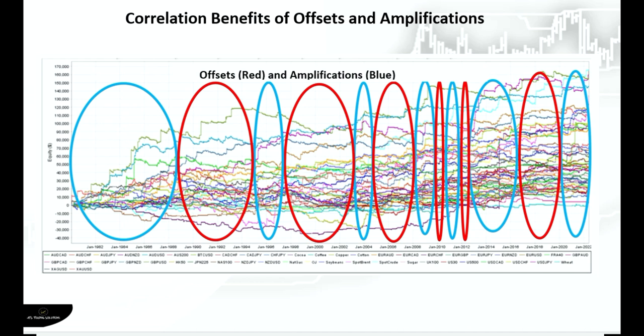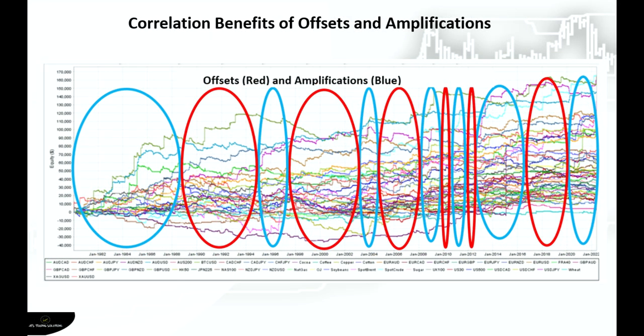So, I have circled regions in blue in this array of return streams that offer correlation benefits. In other words, they amplify positive performance by lifting the equity curve, and regions in red where trends are generally absent, yet the uncorrelated nature of each return stream provides correlation offsets which help to reduce adverse drawdowns.